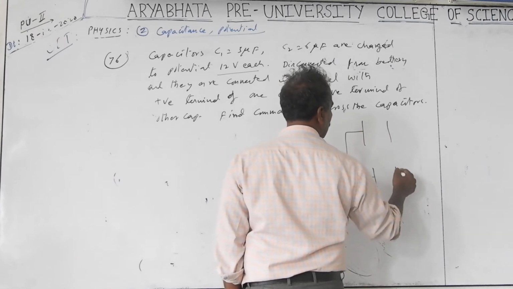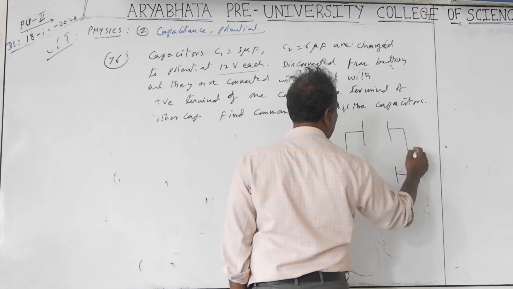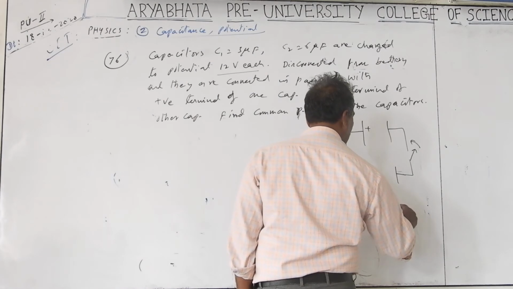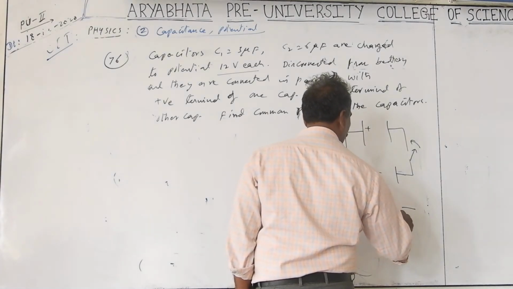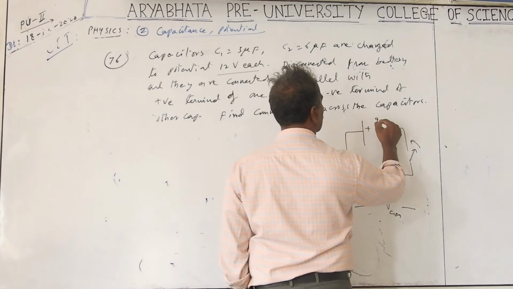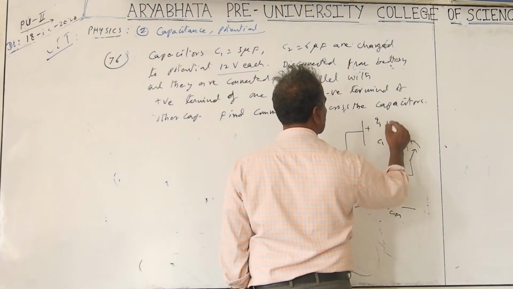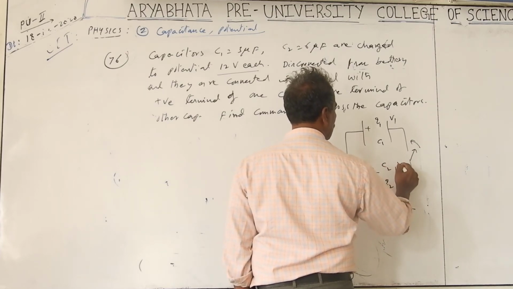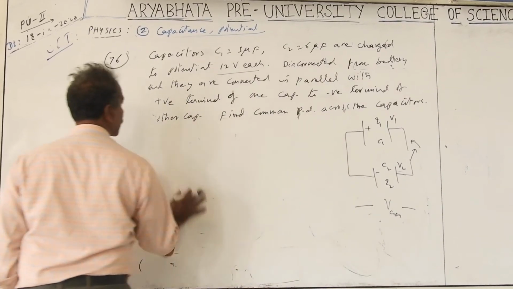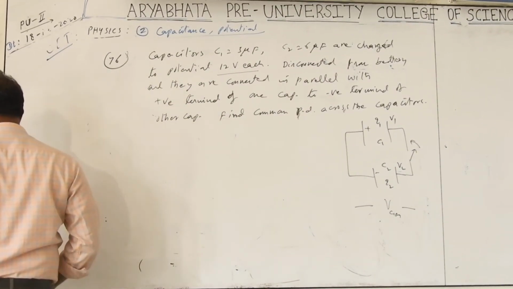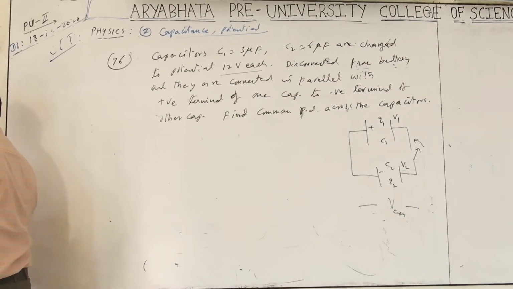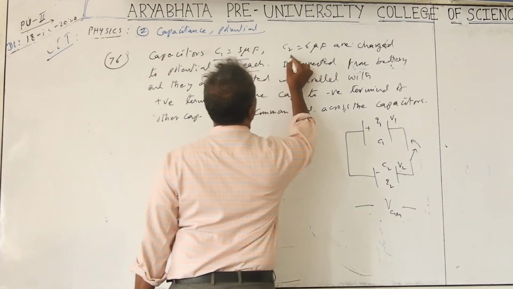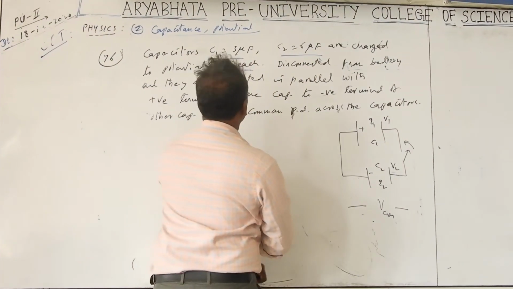Previously we worked out between a charged and an uncharged plate, but now we are taking plus connected to minus. We will get the two reaching a common potential. Charges will travel from high potential to low potential, so that you will get the common potential. Q1 is C1 V1, Q2 is C2 V2. Capacitors C1, C2, 12 volts each.